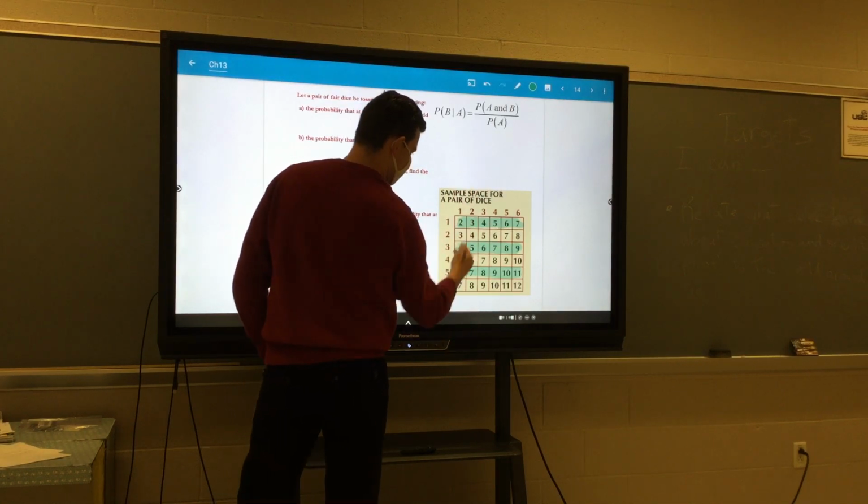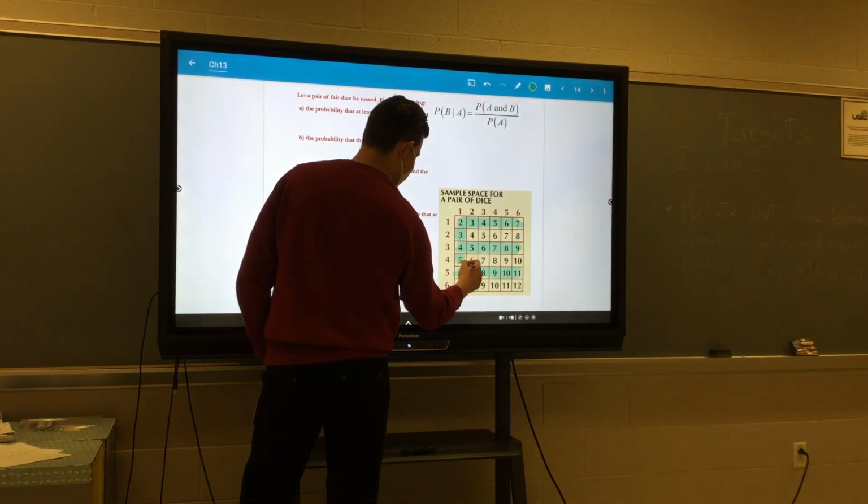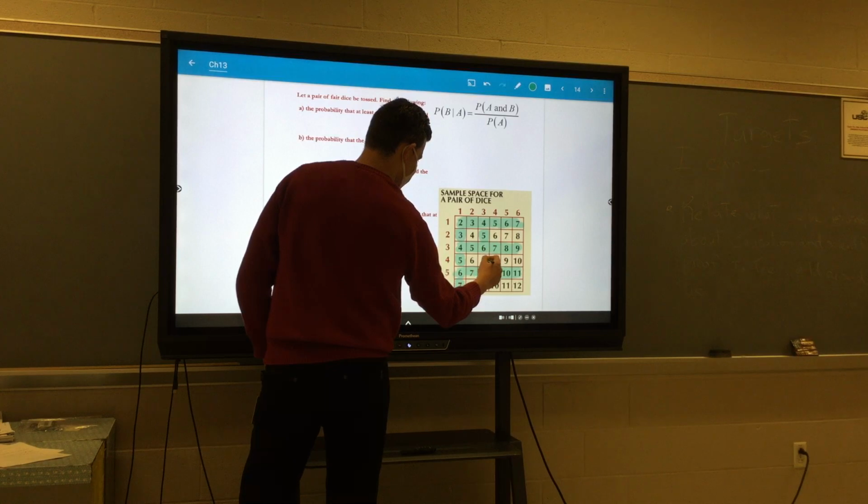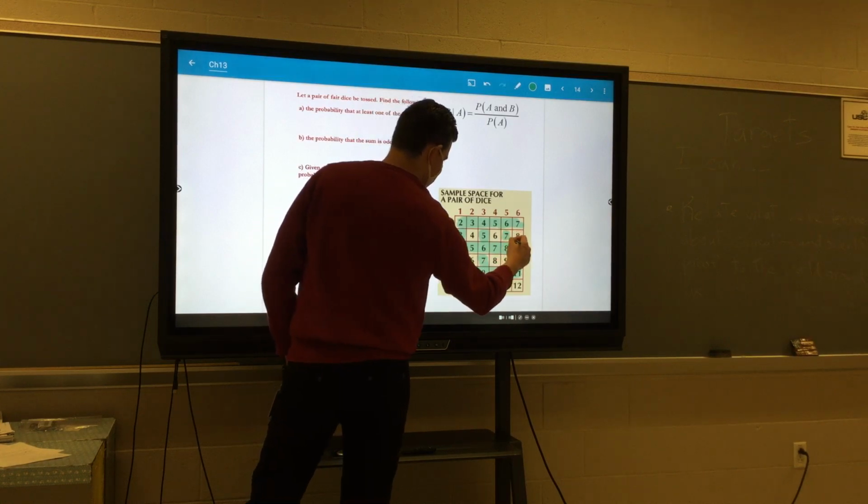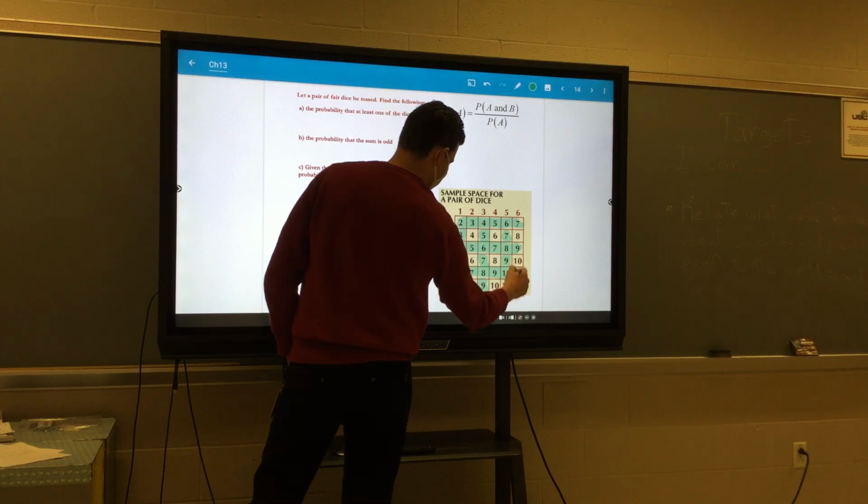Now vertically down here, I already have some cells highlighted, so I don't want to highlight them again. 5, 7, 9, 7, 9, 11.